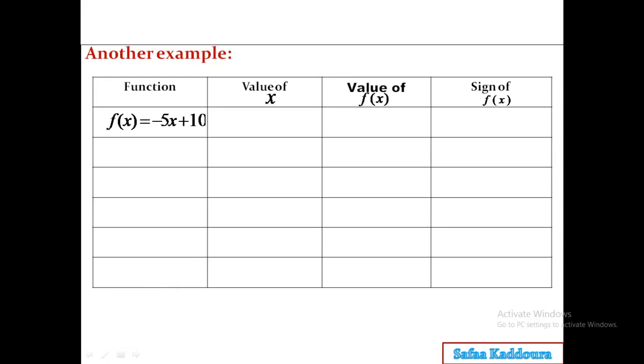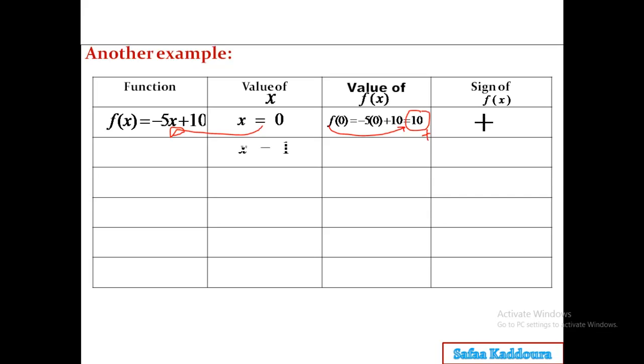Now, we will study the sign of f of x equals minus 5x plus 10. Let's take x equal to 0. If we substitute this value in f of x, we will get f of 0 equals 10. What is the sign of f at x equal to 0? Its sign is positive, because plus 10.